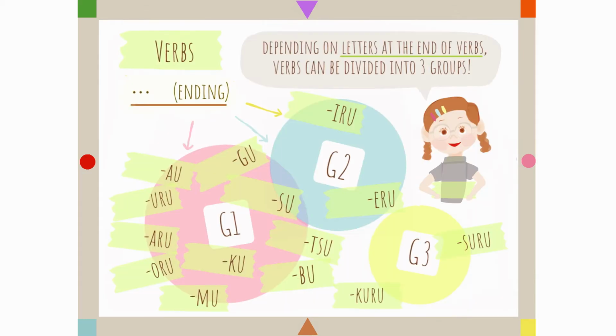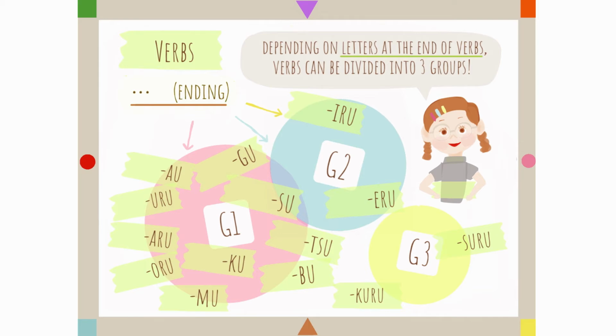Verbs can be divided into 3 groups depending on letters or sounds at the end of verbs. For example, Group 1, verbs ending with AU, URU, ARU, ORU, or sounds M, K, B, T, S, G, and so on.